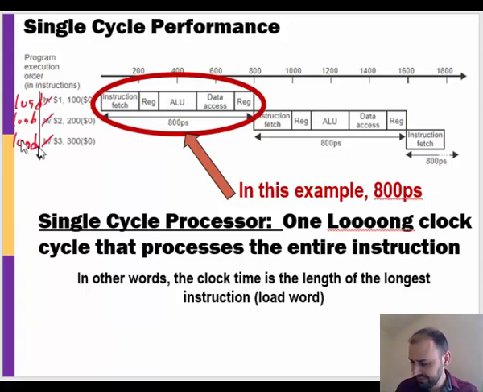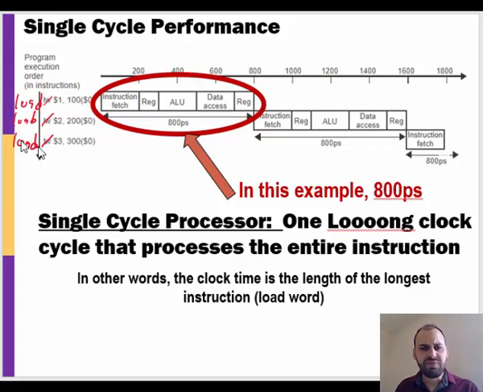The example actually comes from a different assembly language, but it's the same idea. A lot of times we're looking at different architectures, and they share the same fundamental concepts.